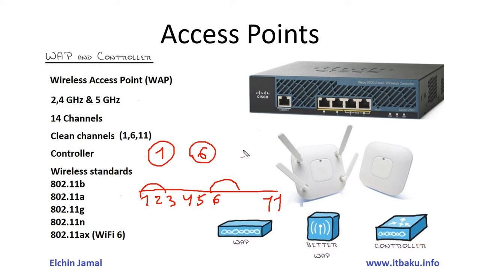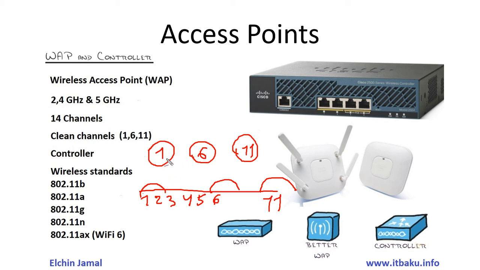The third access point uses 11th channel. Why? In this case, we don't have dead zones here. We spread these channels. We created very long intervals between these channels. So in this case, our clients will not have any issues.